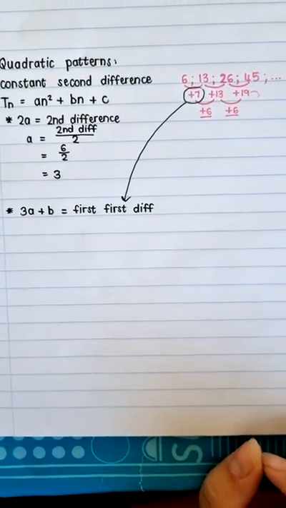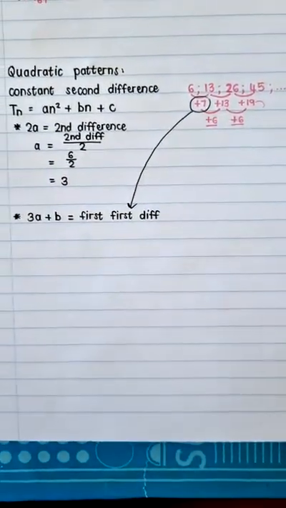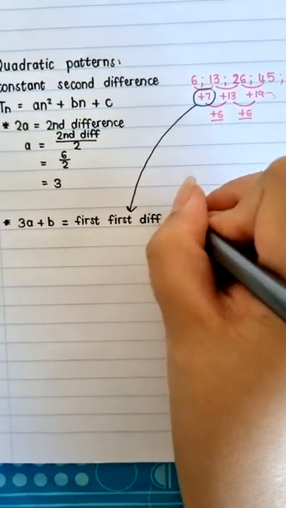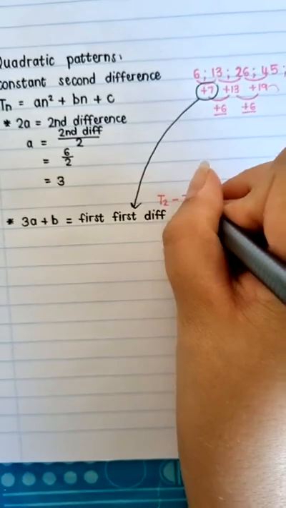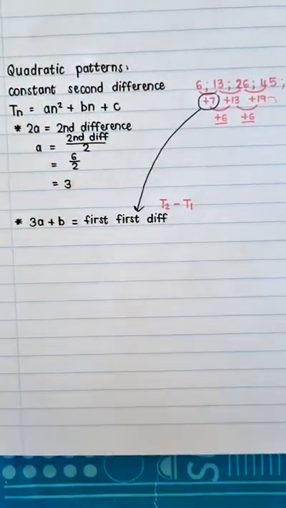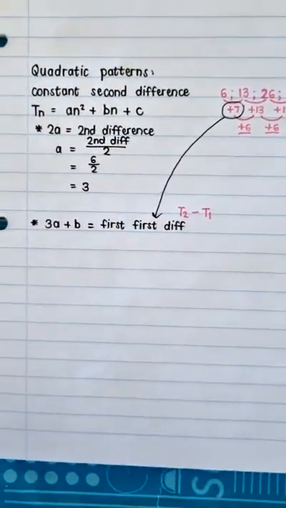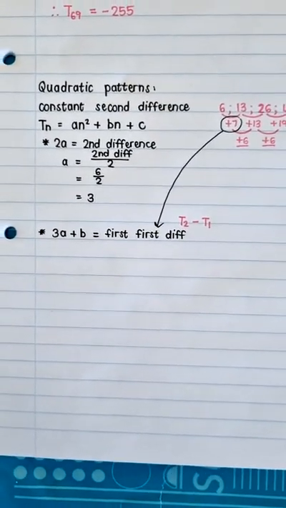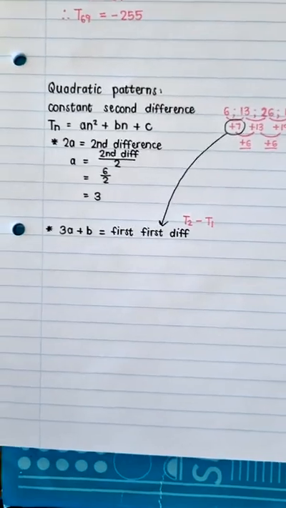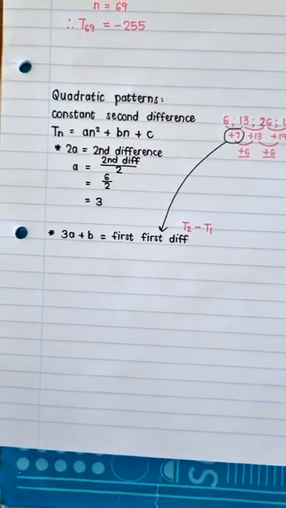Yes, the first term of the first difference. So if you want to write this slightly differently, you can also say that it is term 2 minus term 1. All right, that will always give you 3a plus b. 3 times your a value plus your b value is equal to your first difference.